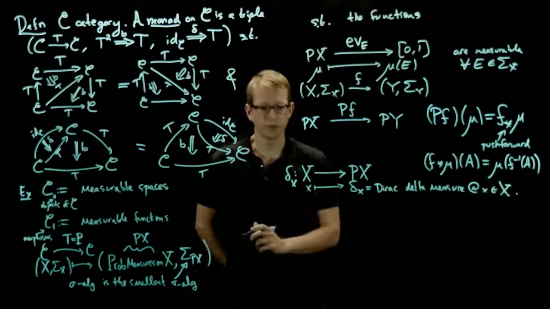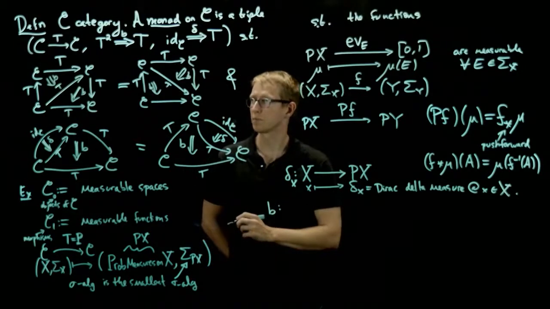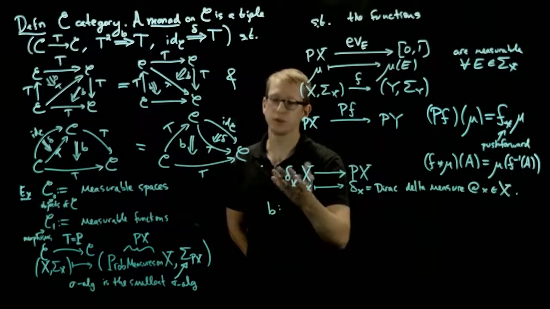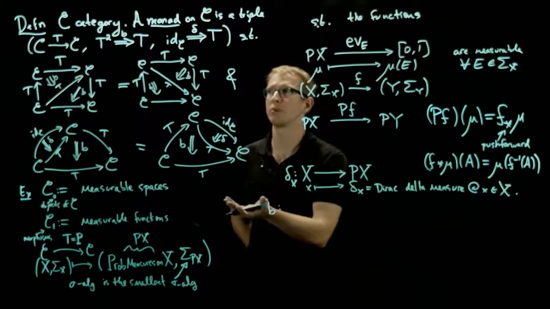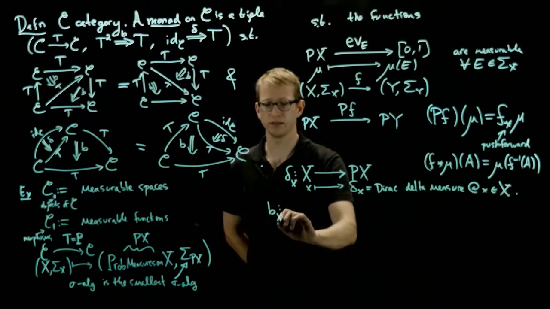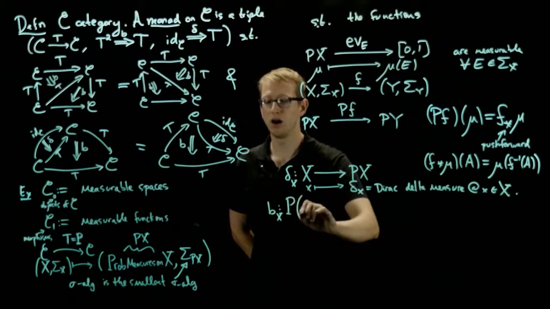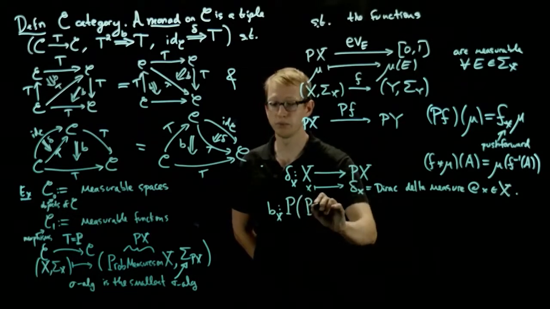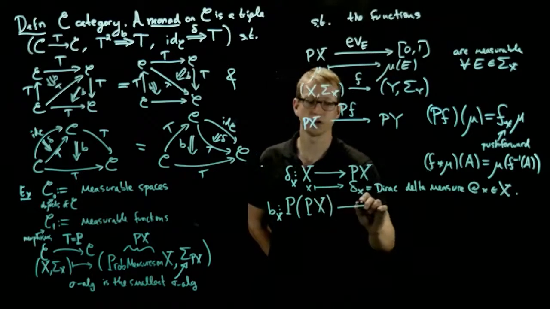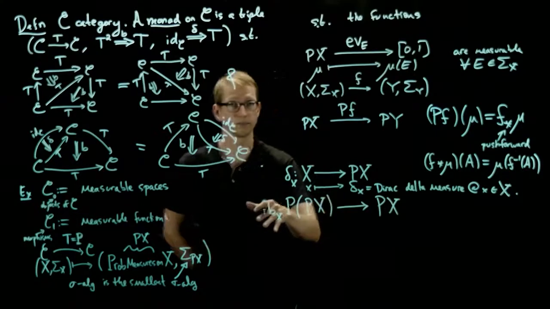And finally, for B, what do we do for B? So in this case, if we apply B twice, so again, natural transformations are determined by what they do to objects. So if we look at a specific object x, then what we're doing is we're taking a probability measure on the space of probability measures of x, and we are constructing a probability measure just on x.